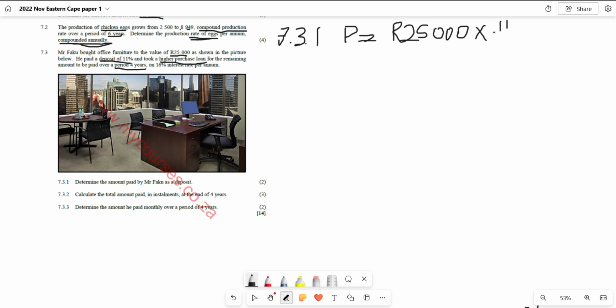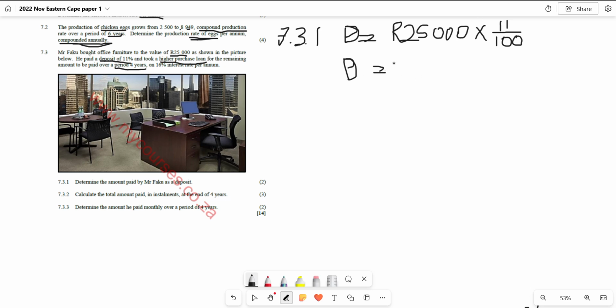Then 11 will be divided by 100%, because we must convert from percentage to a number. This is going to give us a deposit. Oh, here is supposed to be D, not P. A deposit in rands. Then 25,000, which is the cost of an item, multiply by 11%, divide by 100%.